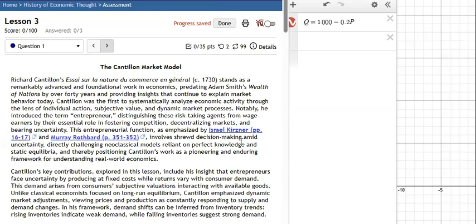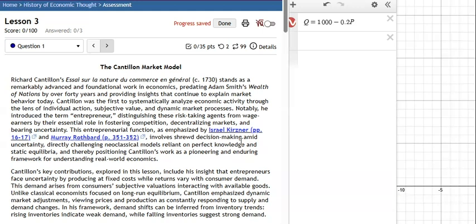Cantillon was the first to systematically analyze economic activity through the lens of individual action, subjective value, and dynamic market processes. Notably, he introduced the term entrepreneur, distinguishing these risk taking agents from wage earners by their essential role in fostering competition, decentralizing markets, and bearing uncertainty.